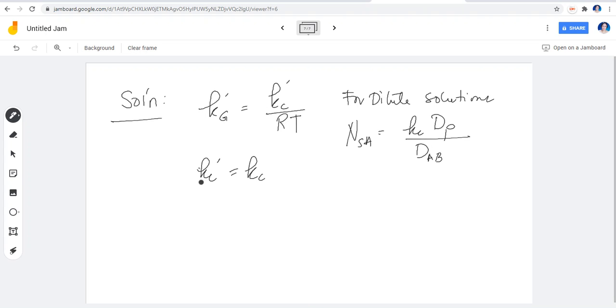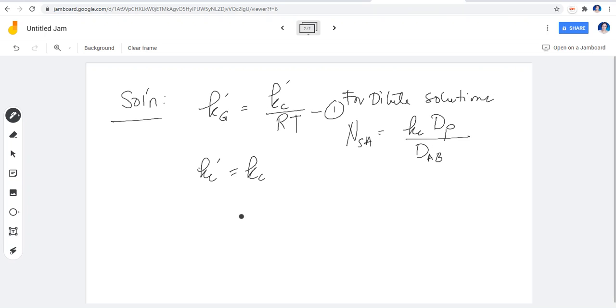So if I have this, then I will have the K sub G. So I will have this in mind, the formula that will convert from K sub C prime to K sub G prime. Now the next thing that I will do, since I have already the Sherwood expression here, that would lead me to the K sub C, which is just equal to my K sub C prime.